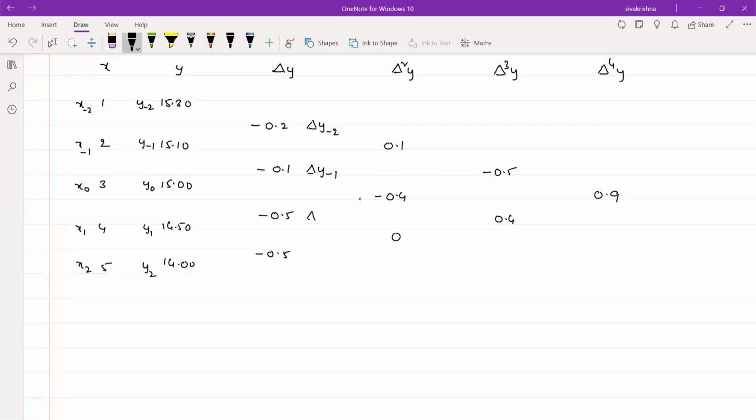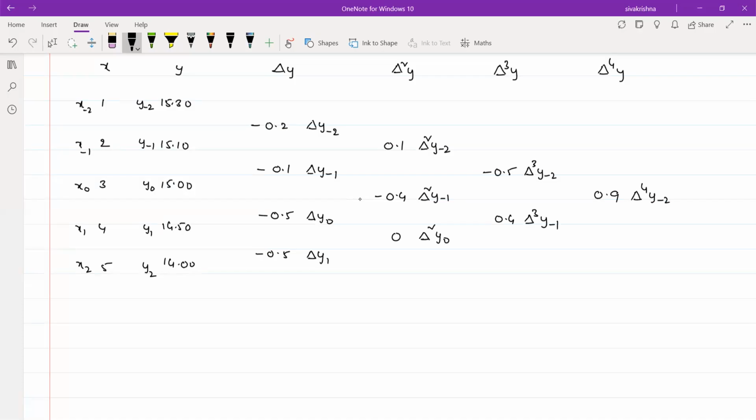After that we write delta y naught, and this is delta y1. Similarly, in second differences, the first value is delta square y sub x minus 2, the second is delta square y sub x minus 1, and this is delta square y naught. In the third differences, this is delta cube y sub x minus 2, and this is delta cube y sub x minus 1, and finally this is delta power 4 y sub x minus 2.